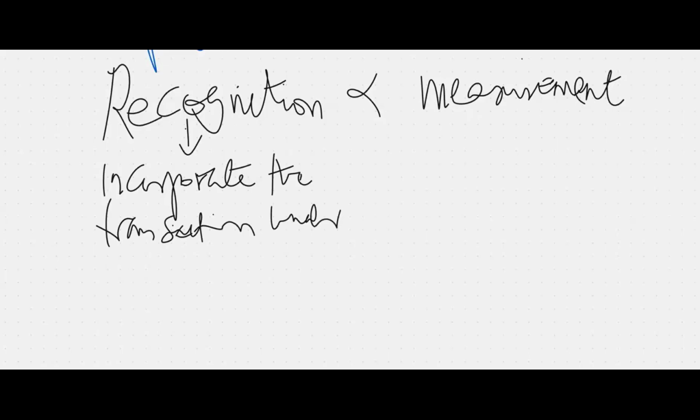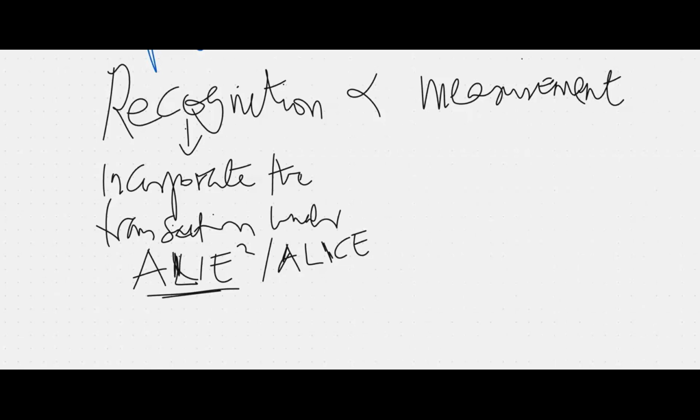What are the 5 elements? I'll go with the acronym ALI E squared. Sometimes I use ALICE, but I'm not using ALICE because we are dealing with limited liability companies. So I prefer the ALI E squared, which stands for assets, liabilities, income, expenses, and equity.